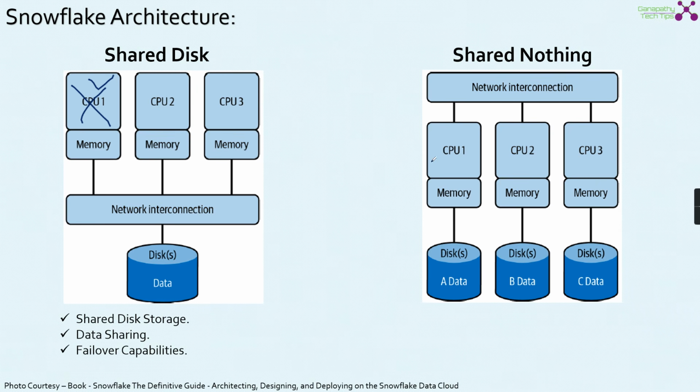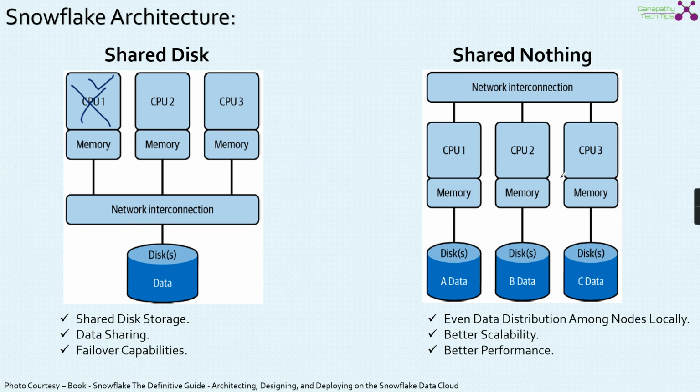I'm taking the CPU and memory combined as a server or a computer. So each and every server or node has its own individual data disk. This is shared nothing, meaning this data is not shared with this specific server, and this data is not shared with this specific server. That is what shared nothing is all about.